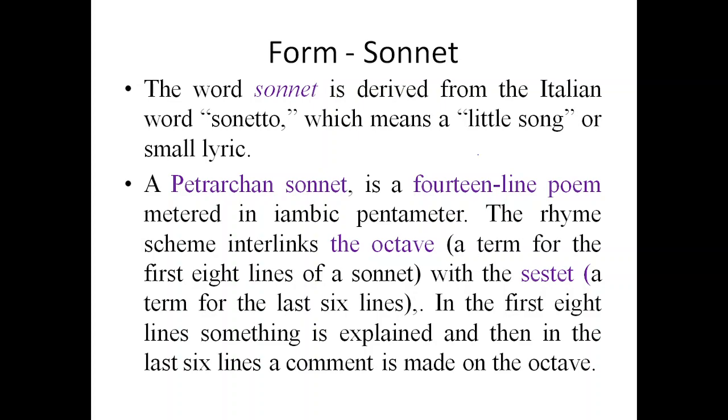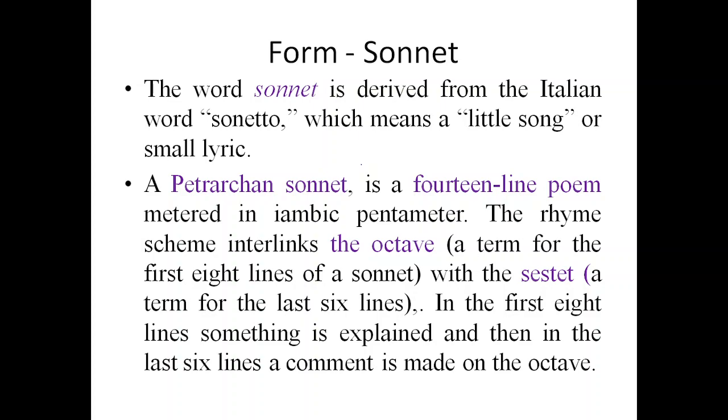It is derived from Italian word sonito, which means a small song or little song or small lyric. और एक ये जो सोनेट है ये है पेट्रार्कन सोनेट. Petrarchan sonnet was the earliest form of sonnet which came into English poetry. तो ये फिलहाल आप इतना समझिए, it is a poem of 14 lines. इसलिए मैंने आपको दो डिवीजन दिखाए. फर्स्ट स्टेंजा 8 लाइन का, ओके, उसको बोलते हैं ऑक्टेव.